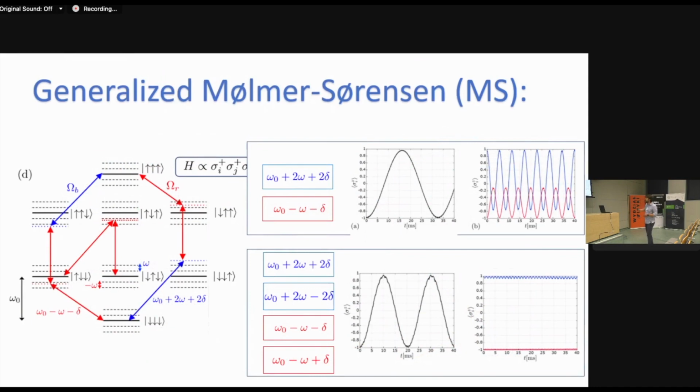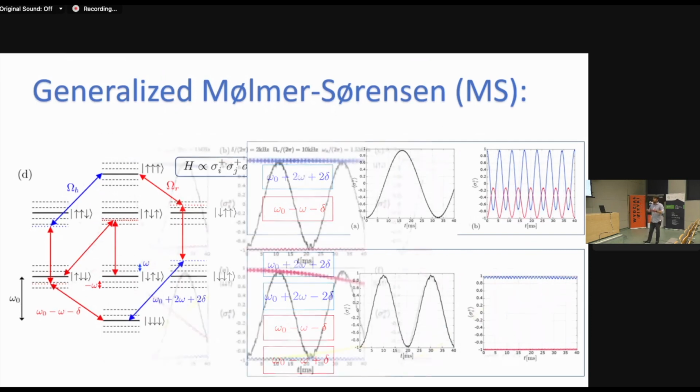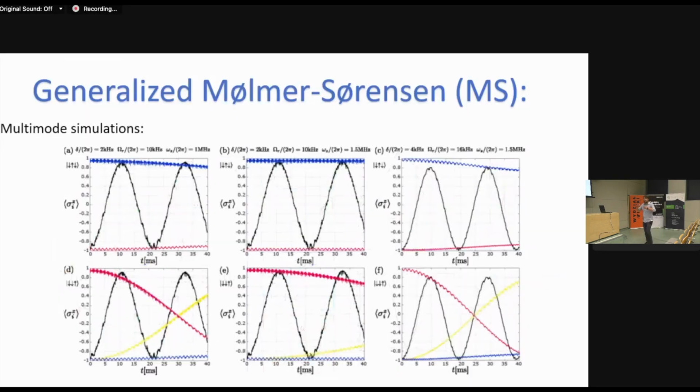So here it really works very nicely. But if you consider that there are more modes than the center of mass mode, then of course this cancellation of the 2-body interaction does not work perfectly, because it assumes symmetry with respect to one mode, but with respect to the other modes there is no symmetry. Then the detuning is different for the two different beams, so there is no perfect cancellation anymore.